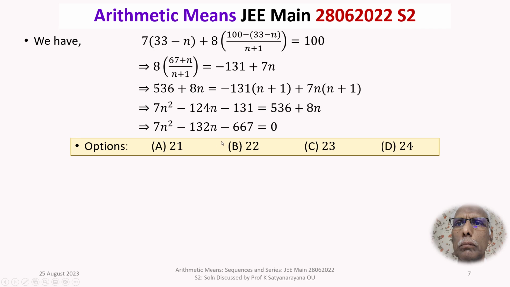21 does not divide 667. You can check it up. 22 and 24 do not divide 667 because these are even numbers and 667 is odd. And therefore, now look at this 23. So 23 divides 667 because 23 into 29 is 667. So 23 is the only factor among these four options which divides 667.